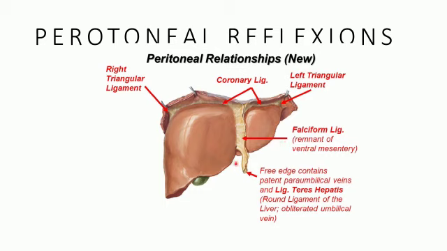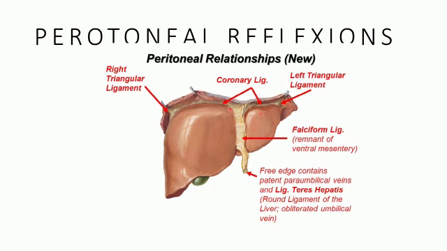So we'll start from here. This is a free edge containing the patent paraumbilical veins and the ligamentum teres hepatis, the round ligament of the liver, the obliterated umbilical vein. This extends upwards between the right and left lobes and diverges into two.